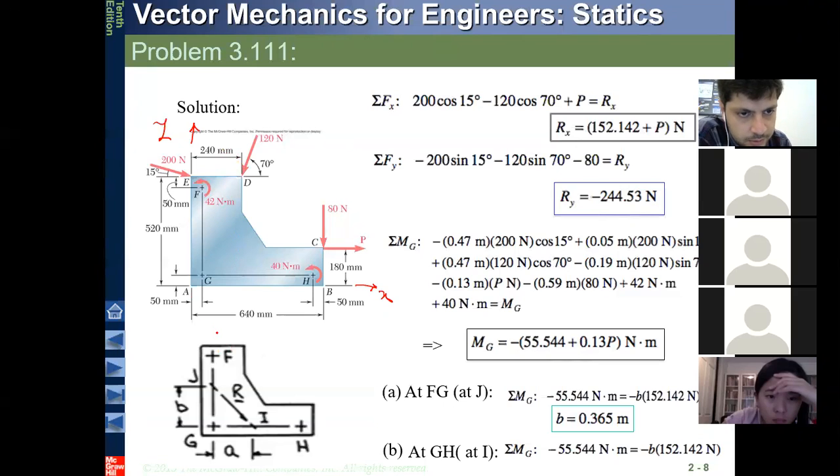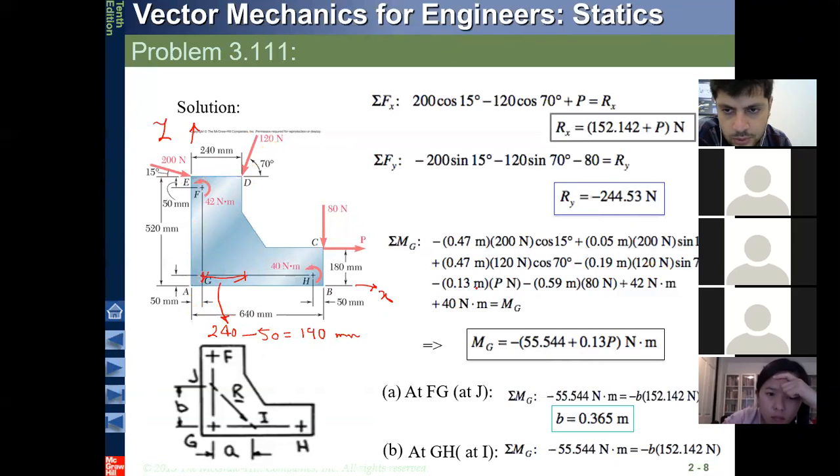It would be 240 minus this from A to G minus 50, which is 190 millimeter, right? This distance would be 240 minus this part. And this is the moment for the Y component of the second force.